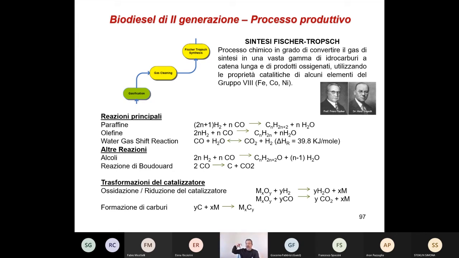These two scientists were able to transform coal. Germany is and was very rich in coal production. So coal transformed to diesel, not biodiesel in that case, but diesel. That was the fuel of their armor.